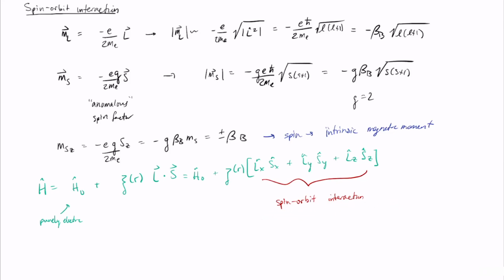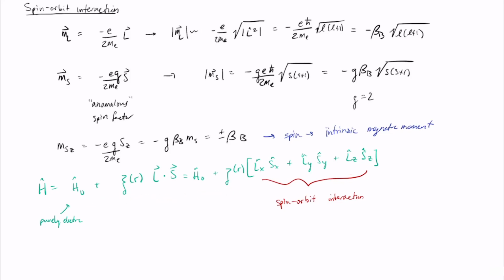But there's actually an even more important consequence of what the spin-orbit term does to the eigenfunctions than just changing the energies. It actually changes the symmetries. Because once you add in this L dot S term, then the Hamiltonian no longer commutes with just Lz by itself or Sz by itself.